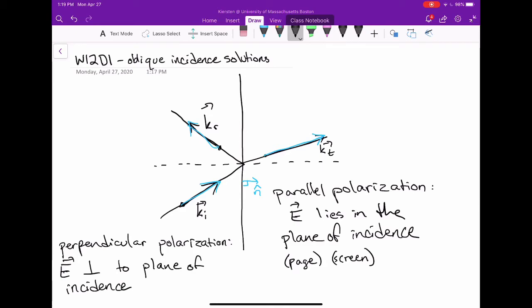There are other names for both of these situations. Parallel polarization has the alternate name TM, for transverse magnetic, because the magnetic field is perpendicular to the surface normal vector and the plane of incidence.